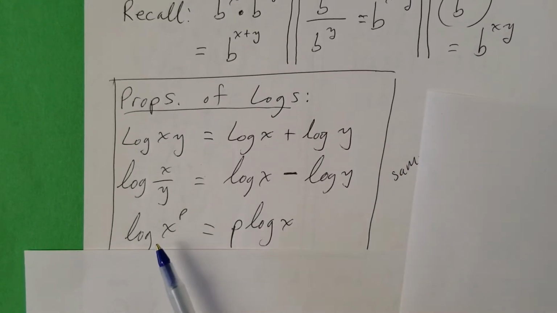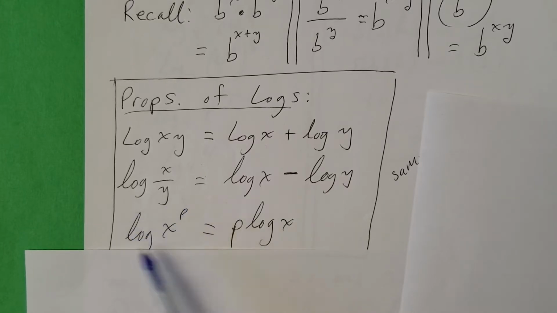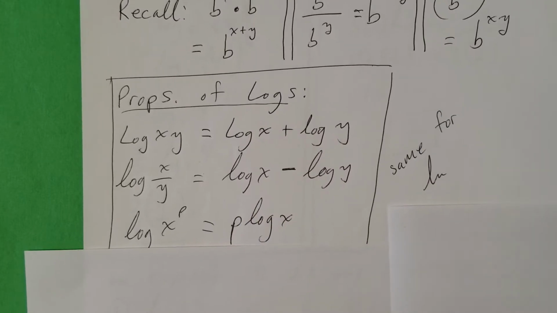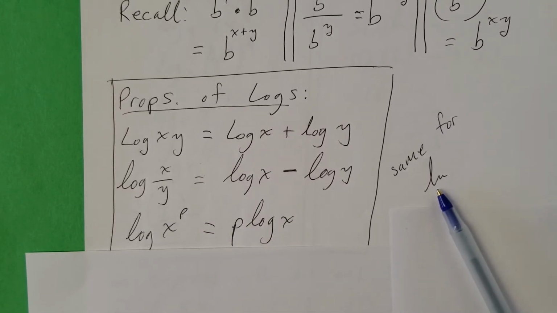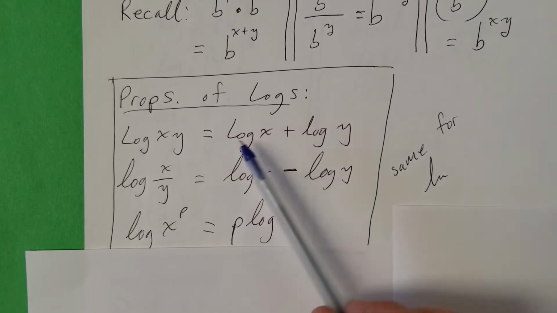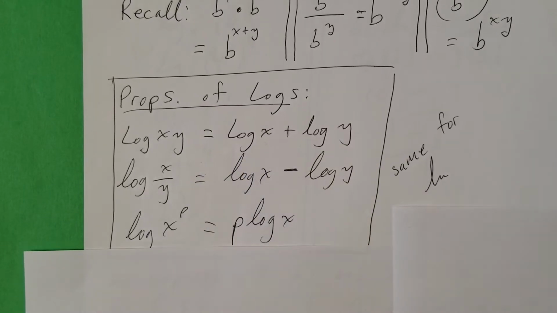So again, if you have x to some power p, the p comes down to the front, and now there's nothing there. It came to the front. And these same properties hold for natural log. Same exact properties. Just replace log with ln and you get the same properties.